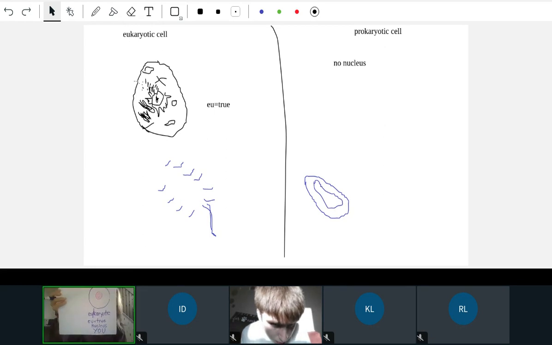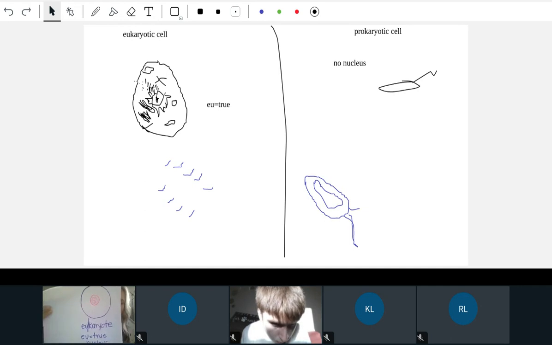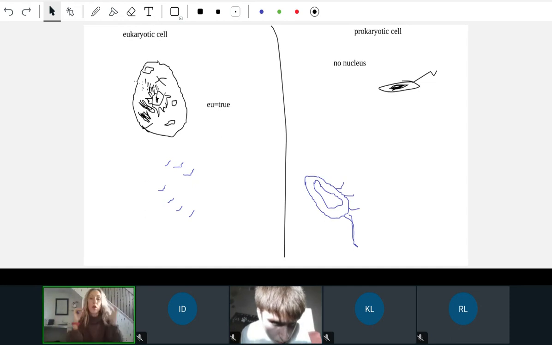All right, these are good notes to make and get us ready for our test. Okay, so this is a eukaryote. Eu equals true. It has a membrane-bound nucleus that protects that DNA. Okay, they are the more organized cells, and they're the type of cells that you and most animals are made of. Did anybody else draw a picture?